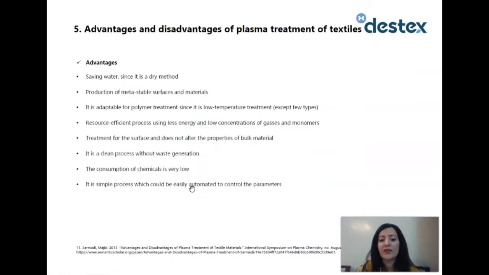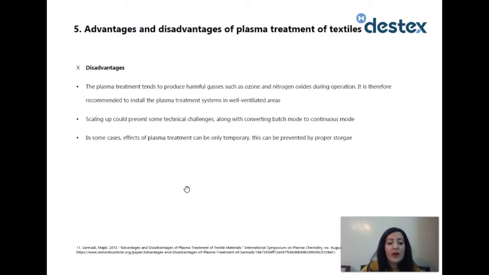There are many advantages of plasma treatment compared to conventional chemical methods because it's a dry method. We save water, we usually save energy, its consumption of added materials is very minimal, and there is no waste from the plasma after treatment. We can conclude that it is a sustainable and resource efficient method of treating textiles.